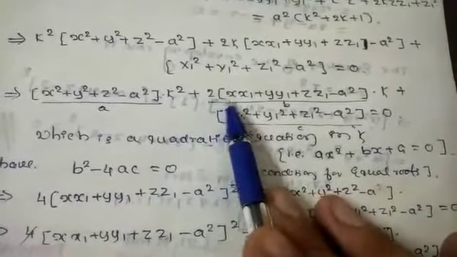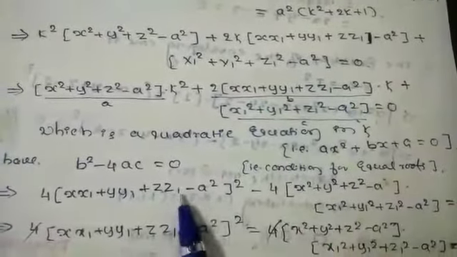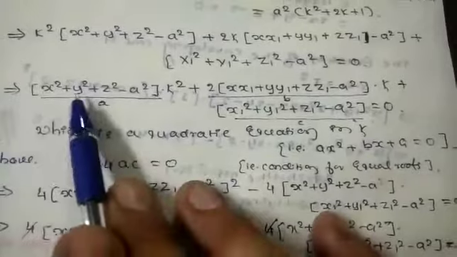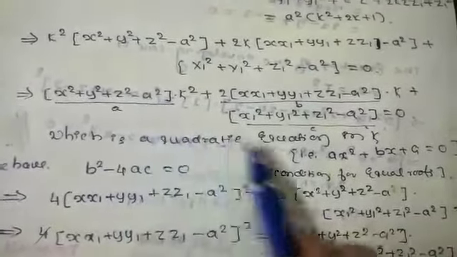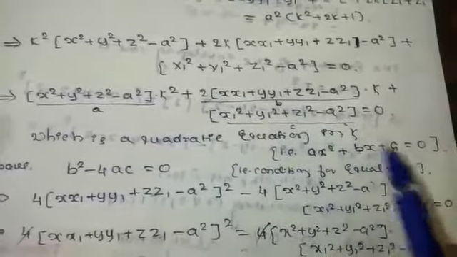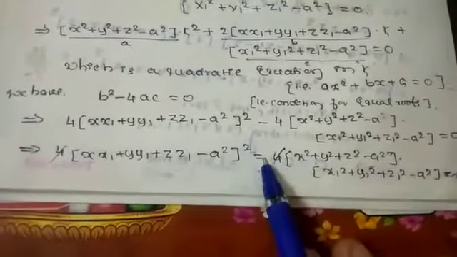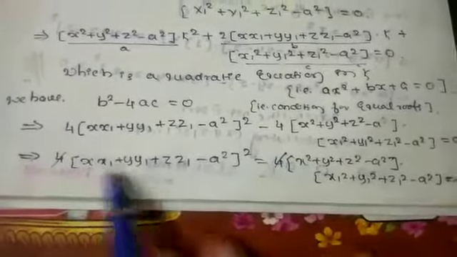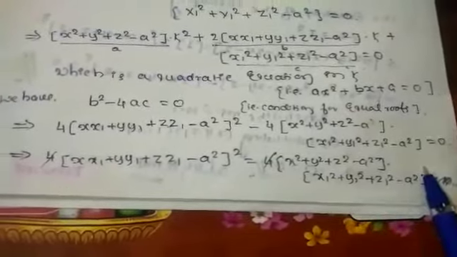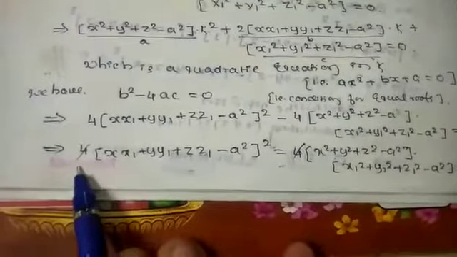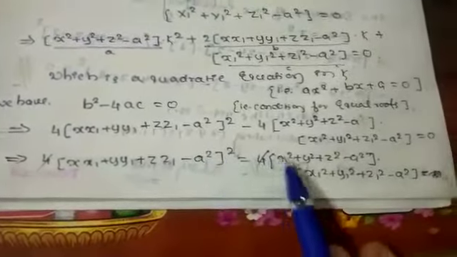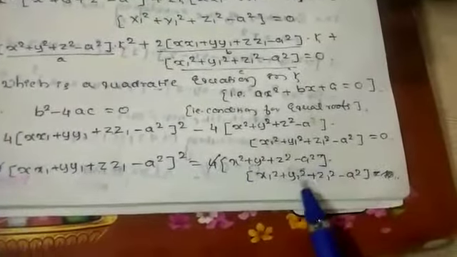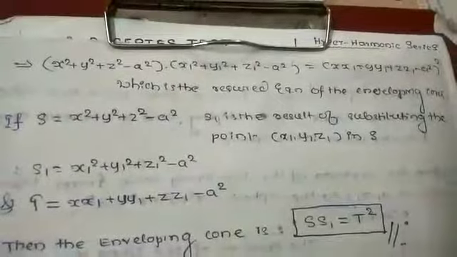b square means 2 times the bracket, squared, minus 4ac, where a is x square plus y square plus z square minus a square, into c, must equal 0. The minus sign is there, so we put it as equal: LHS must equal RHS. The 4 gets cancelled, so (x x1 plus y y1 plus z z1 minus a square) whole square equals the first bracket into the second one.